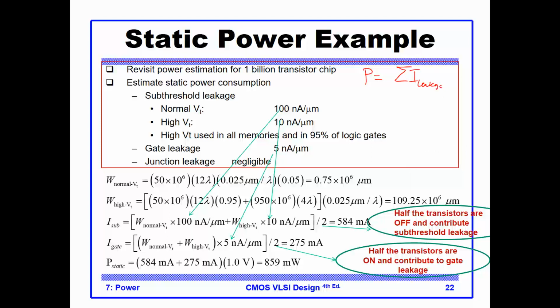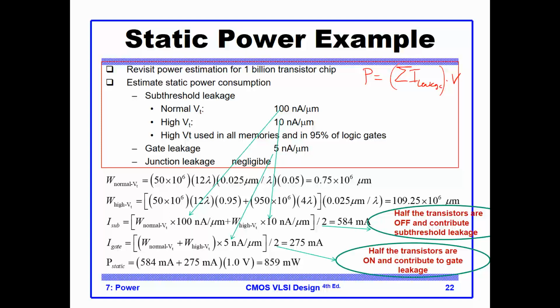I'm sorry, all the leakage current, and we multiply it by voltage. But now for the leakage power, let's see how I sum the leakage power for the circuit that I have. Let me do a little bit of explanation here.